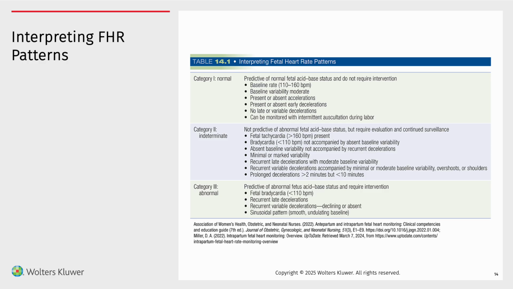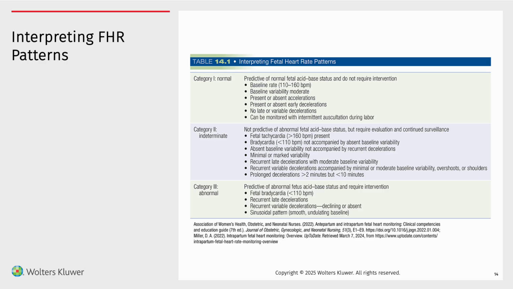We continue routine monitoring. Category 2, intermediate, includes everything that doesn't meet the criteria for category 1 or 3. Examples: minimal variability, tachycardia, bradycardia without absent variability, absence of acceleration after stimulation, and variable decelerations with slow return to baseline.